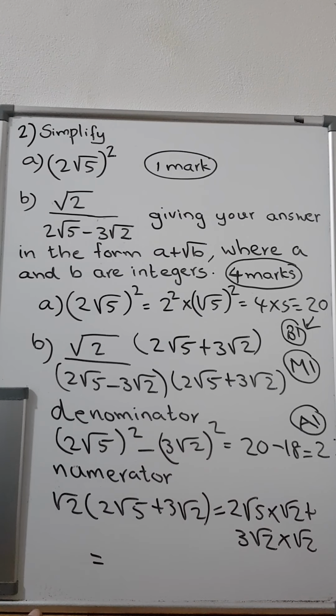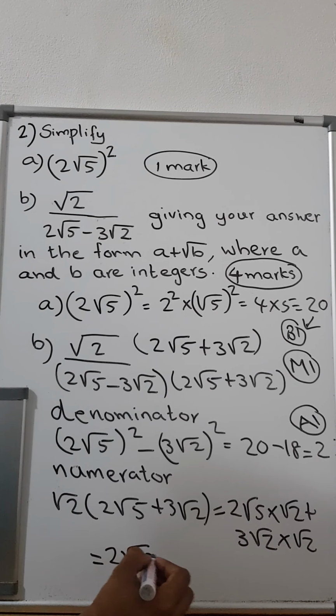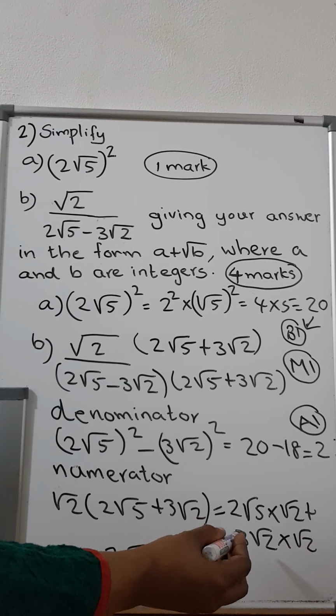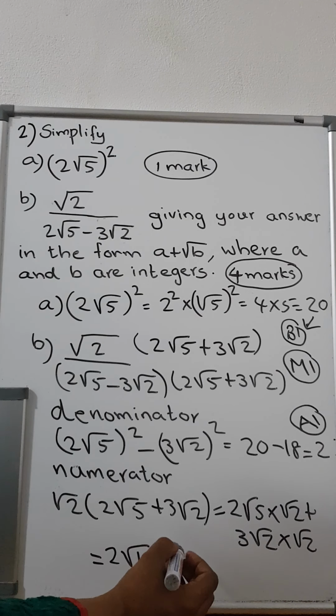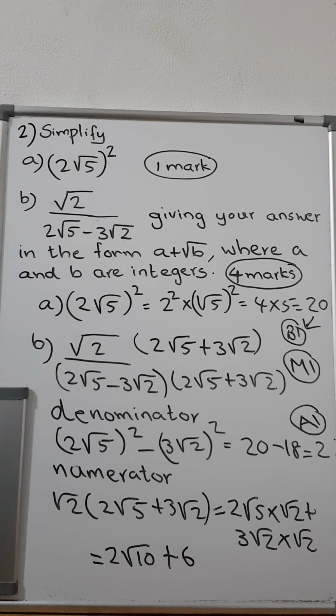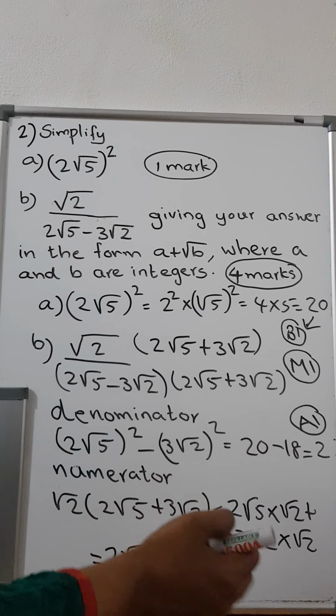That we can write as 2 times root 5 times root 2. Root 5 times root 2 is root of 5 times 2, that is 2 root 10, plus 3 times root 2 times root 2 is 3 times 2, that is 6. So numerator we got as 2 root 10 plus 6 and denominator as 2.